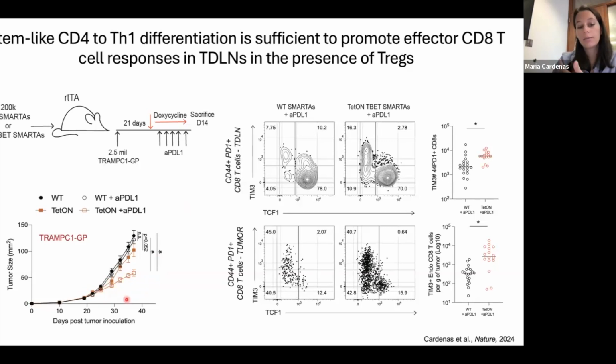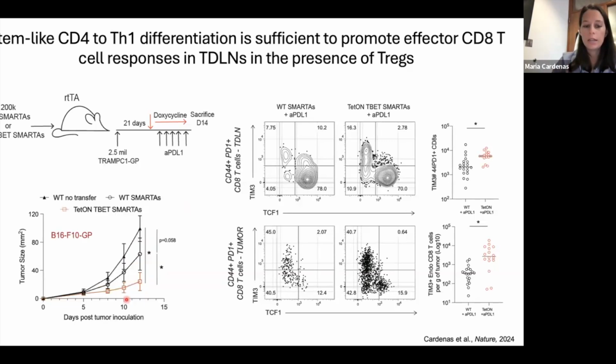And if we do this in an easier model like B16, you don't even need PD-1 therapy to have a much better anti-tumor response, right? Just the presence of the TET-on TBET SMARTAs, I even think we did 100K for this experiment, is just sufficient to drive both endogenous Th1 differentiation and effector CD8 T cell differentiation.